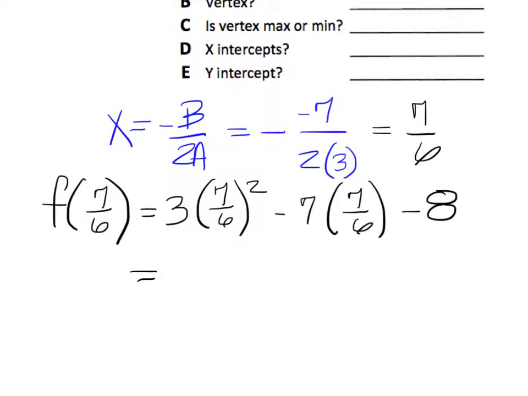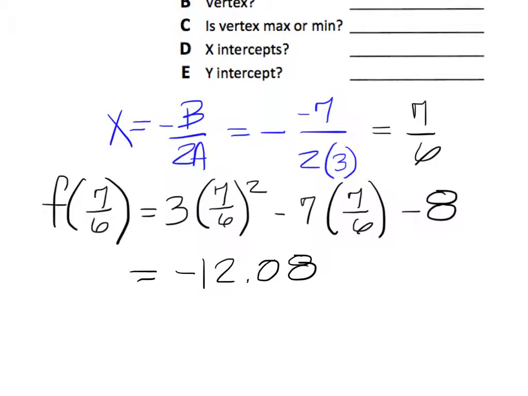And then multiply by 3 and subtract the quantity of 7 times 7 and then divide by 6. Close the quantity and then minus 8.